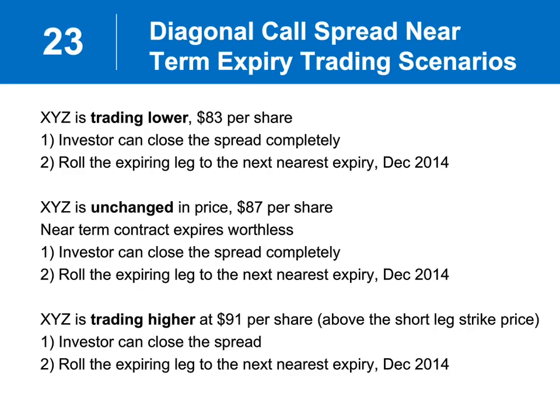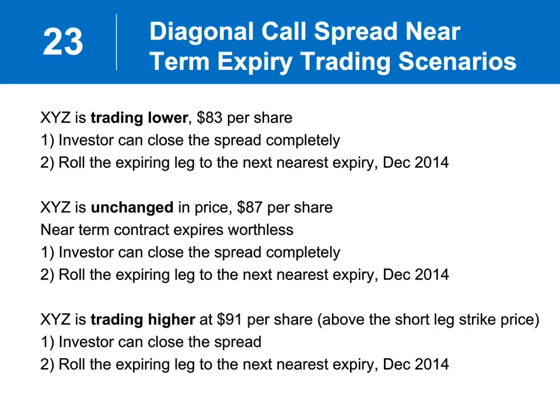Or they might consider buying back the near-term expiring November contract and rolling it into the next expiration. In this case, it would be the December 2014 contract. So we would roll the short leg.